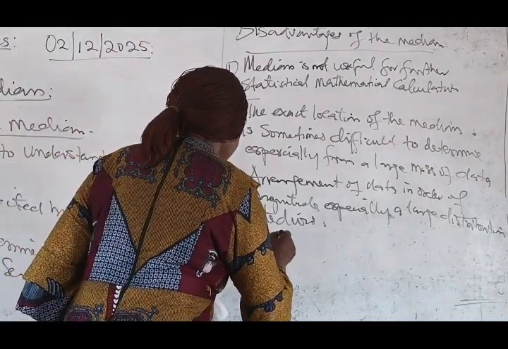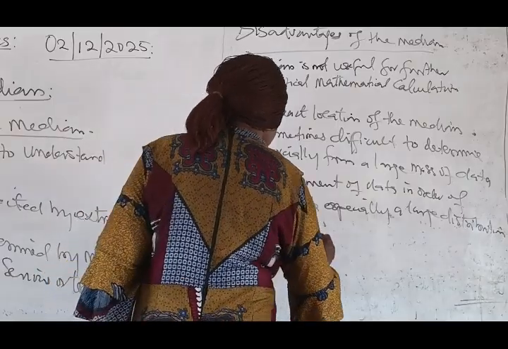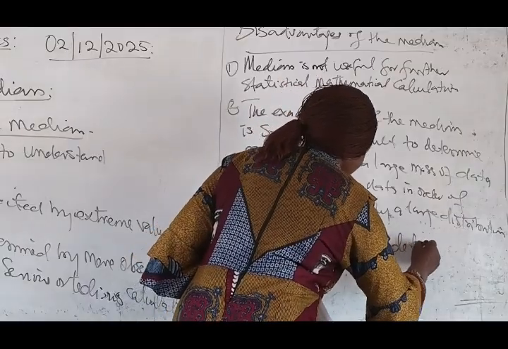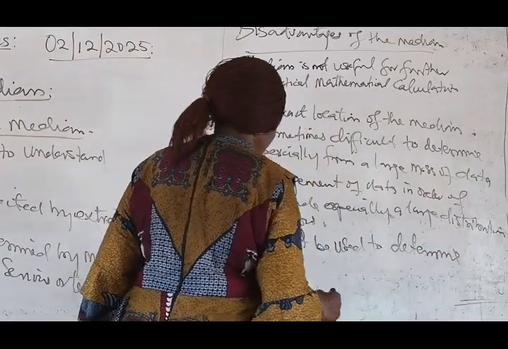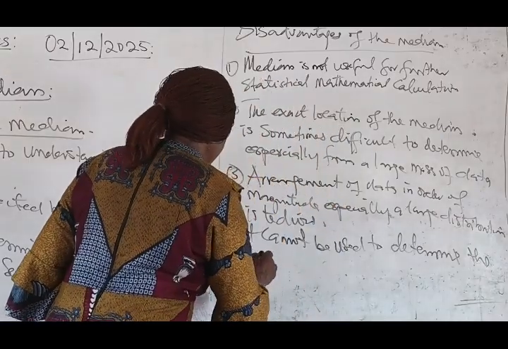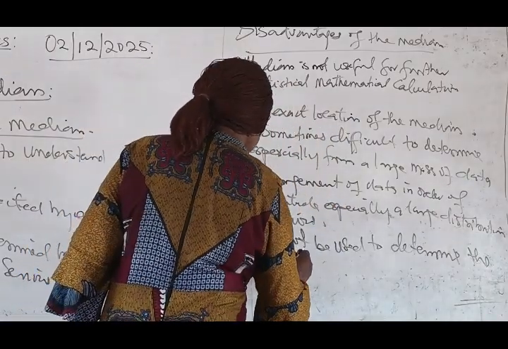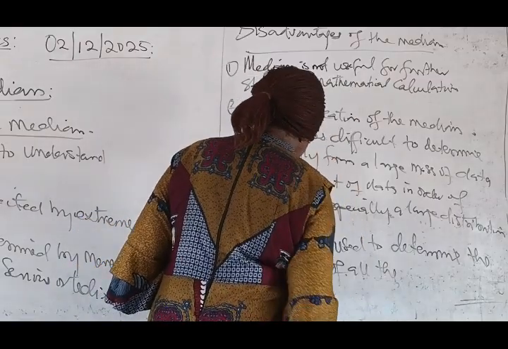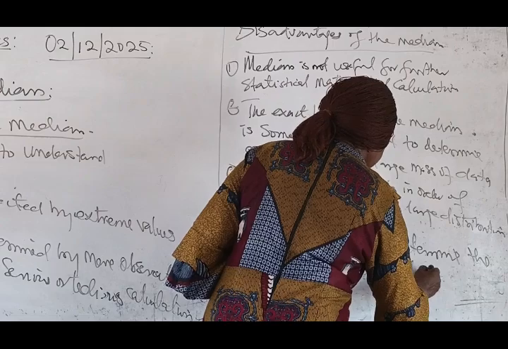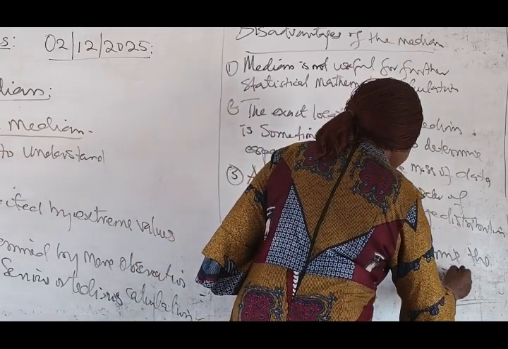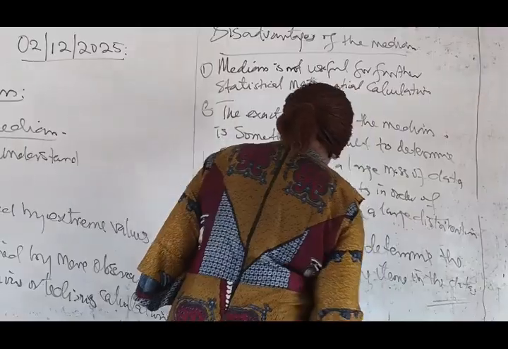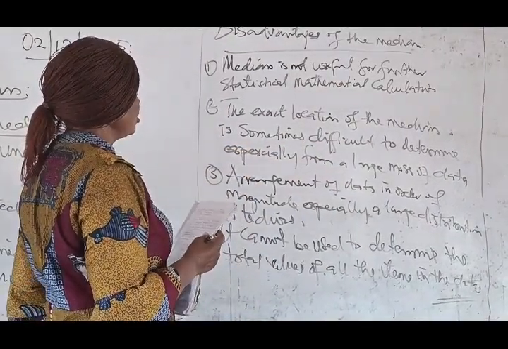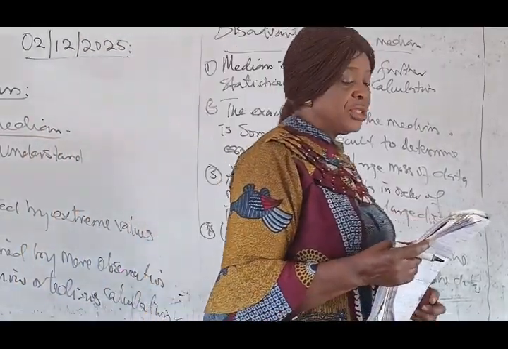It cannot be used to determine the total values of all the items in the data. So these are some of the disadvantages of the median. The last one is the mode.